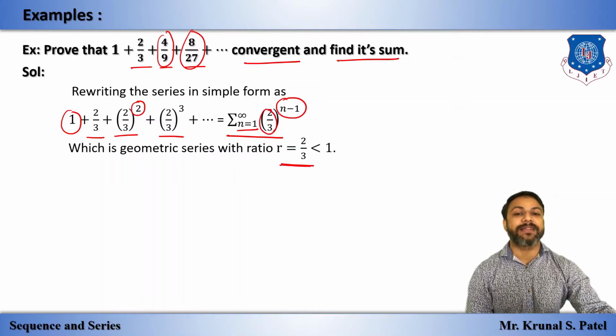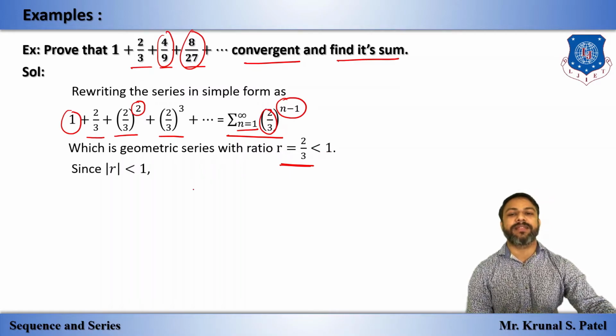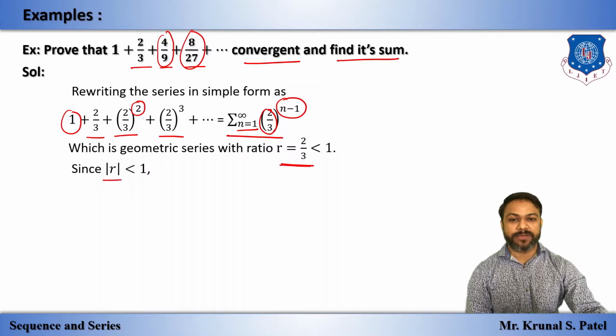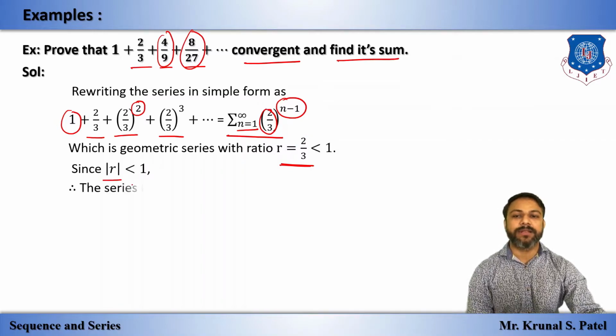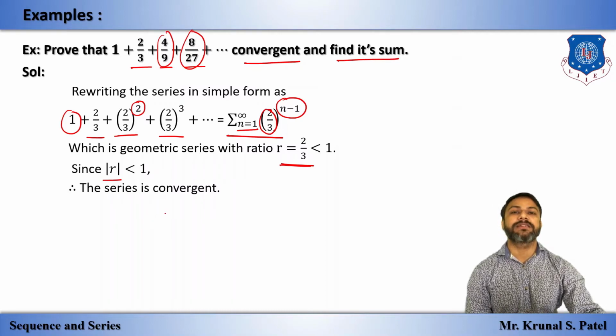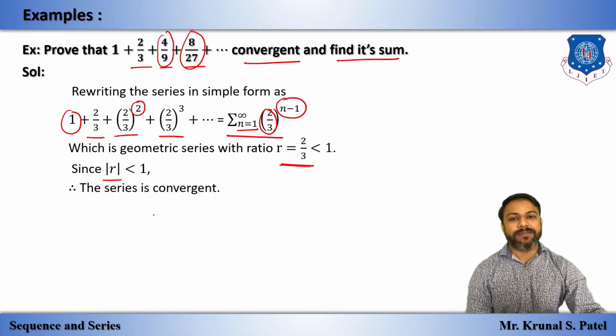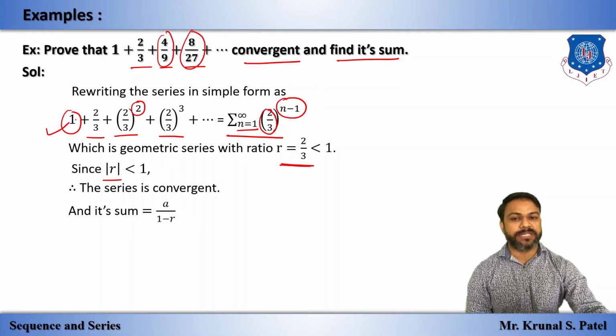You can see this is r raised to n minus 1, which is less than 1, and by the geometric series test we know that if |r| is less than 1, then the given series is convergent. Now, since it is convergent, we can find its sum, and the sum is given by a upon 1 minus r. Here a, the first term, is 1, and r is 2 by 3.